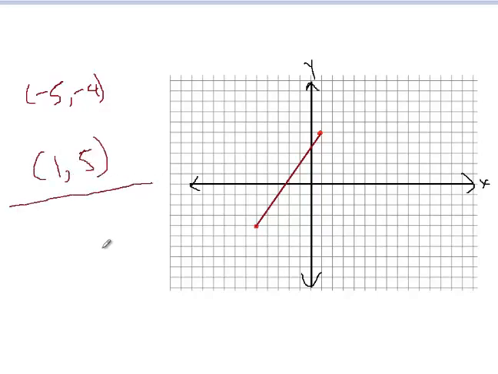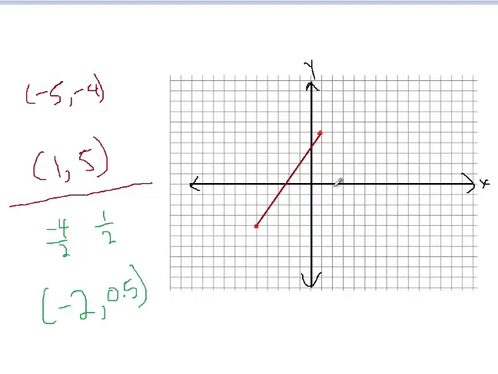Well, let's figure out the average of the x value and the average of the y value in order to figure out the midpoint. The way to get the average, again, is just add them together and divide by 2. -5 plus 1 is -4, divided by 2, which is -2. And on this side, -4 plus 5 is 1, divided by 2, which is a half, or 0.5.